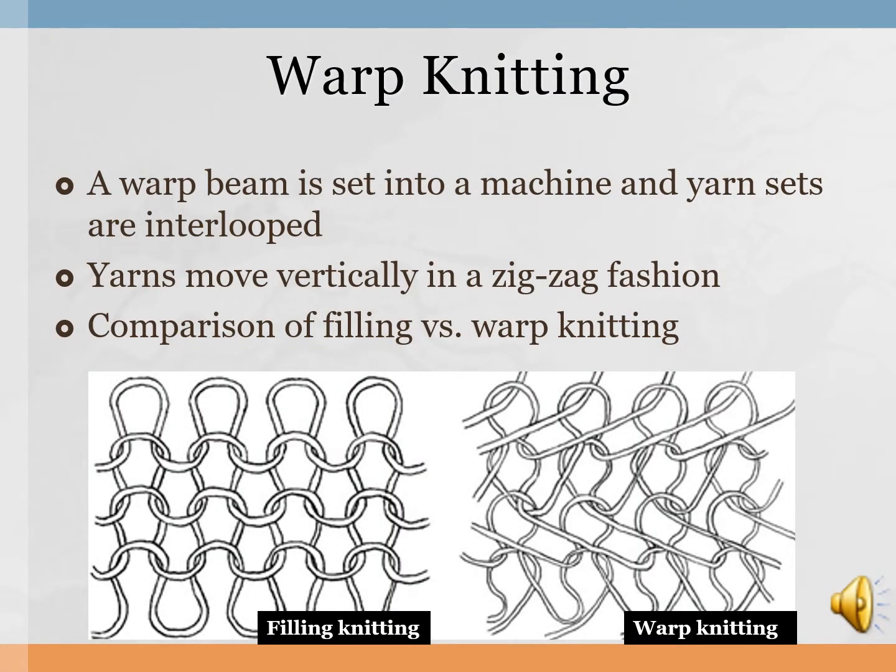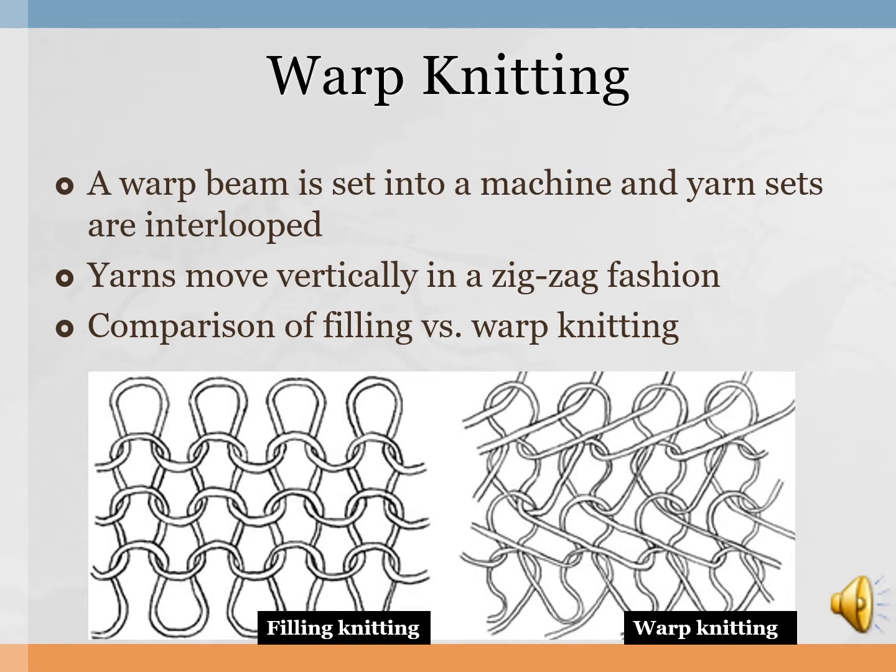Now we're going to talk about warp knitting. And again, as a reminder, weft knitting is when the yarns move in a horizontal fashion. With warp knitting, the yarns move vertically in more of a zigzag fashion. This picture demonstrates it way better than I could ever articulate it, but you can see on the left there's a bit more standardization, or uniformity is actually probably a better word.